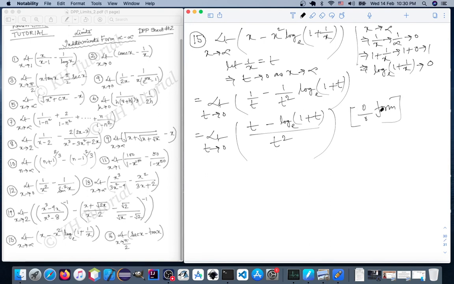From here we can apply L'Hopital's rule, and we get limit t tends to 0, 1 minus 1 by 1 plus t divided by twice t.